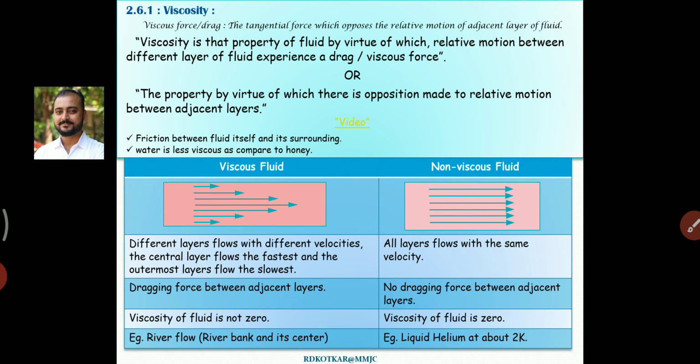In the case of non-viscous fluid, we take the example of liquid helium at about 2 Kelvin. Liquid helium shows non-viscous nature at 2 Kelvin. So this is about viscosity, viscous fluid and non-viscous fluid.